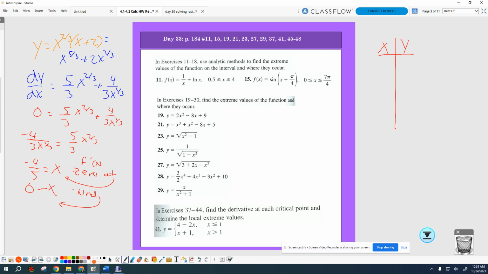So then I don't have any endpoints to put on here. I am going to put on my 2 critical points, type it in on the calculator, get some answers, and well, at 0, it's 0, and at -4/5, I don't know. So that's an exercise for the reader, type it in. But I believe this is a maximum, this is a minimum, they're both local because the arrows go on forever.